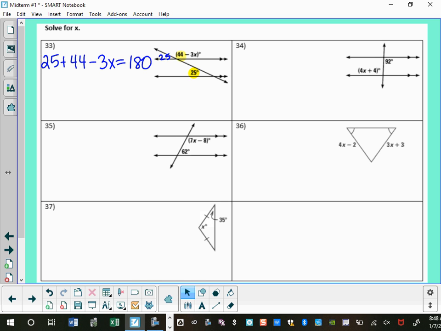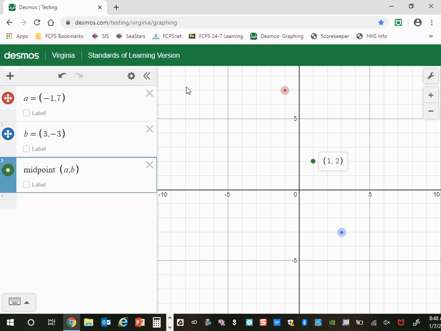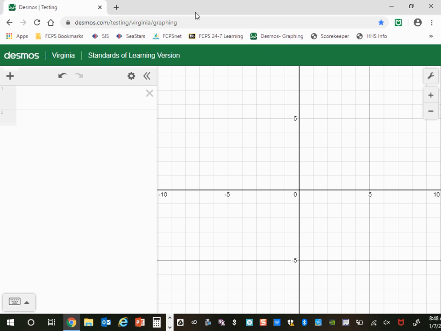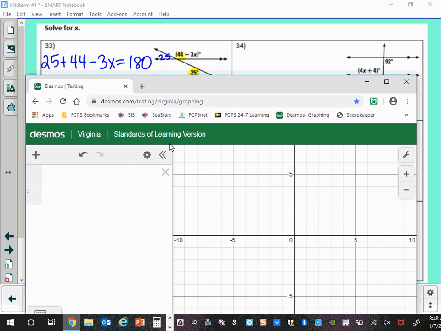Once we get there, what do we normally do? We solve for x. All right, but now we can use Desmos. Once again, Desmos only helps you if you know how to use it. If you don't know how to use it, then you have to solve the old school way. I'm going to type in exactly what I have: 25 plus 44 minus 3x is equal to 180.